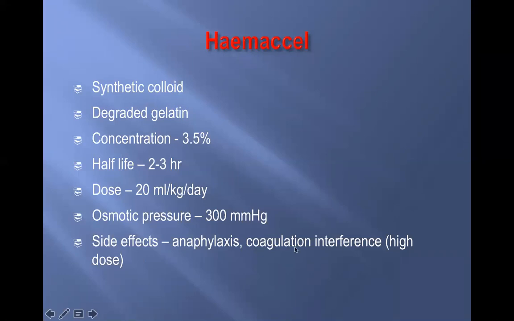This means that the colloid can interfere with the further blood cross-match. So it is important to take a sample from the patient before infusion of the colloid, for the further cross-match if we need blood replacement.